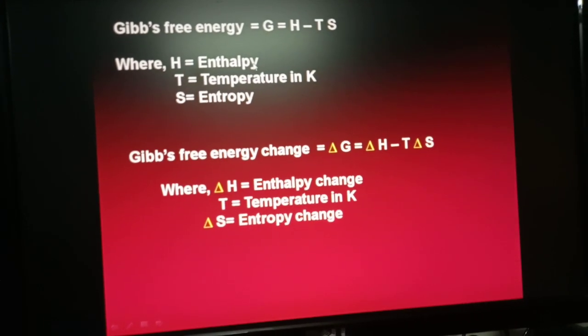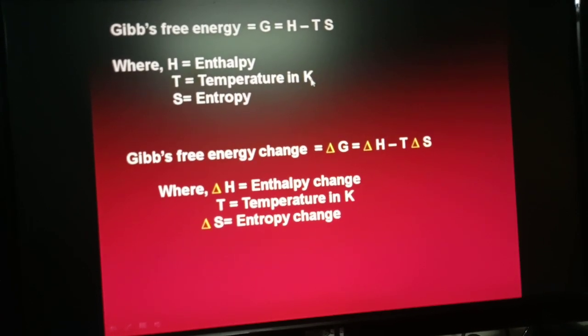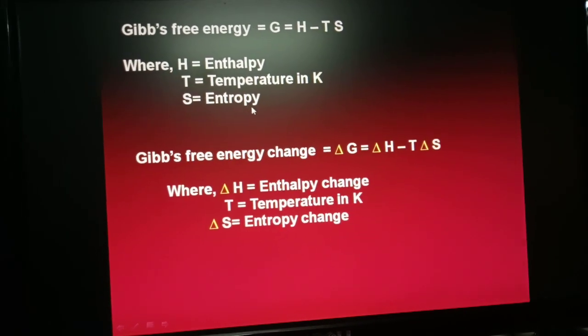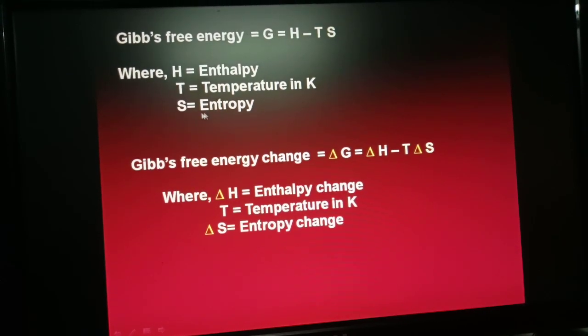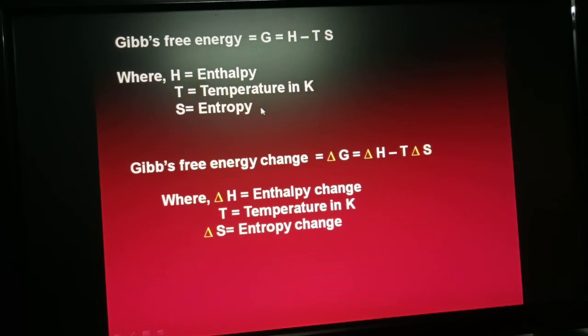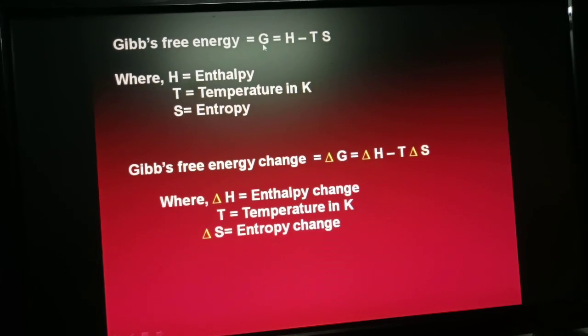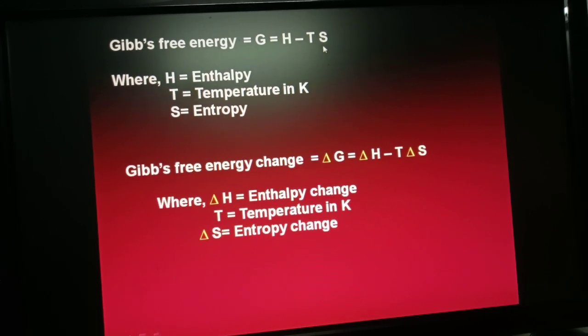H indicates enthalpy, that is heat content. T is temperature in Kelvin and S is entropy. S is another term you will study in thermodynamics. It means the molecular disorder of a particular substance taken. So G, Gibbs free energy, is equal to H minus TS.